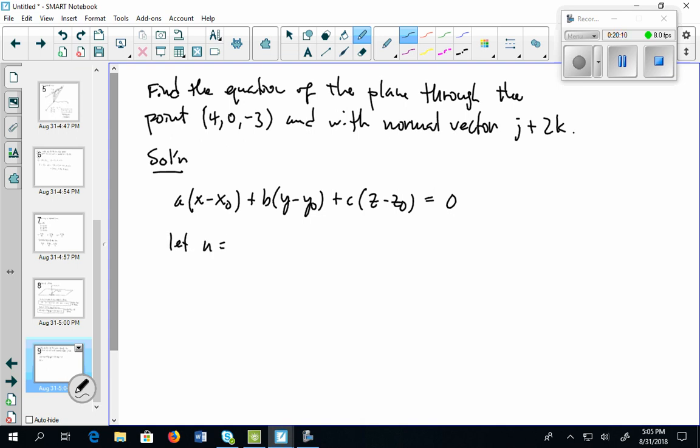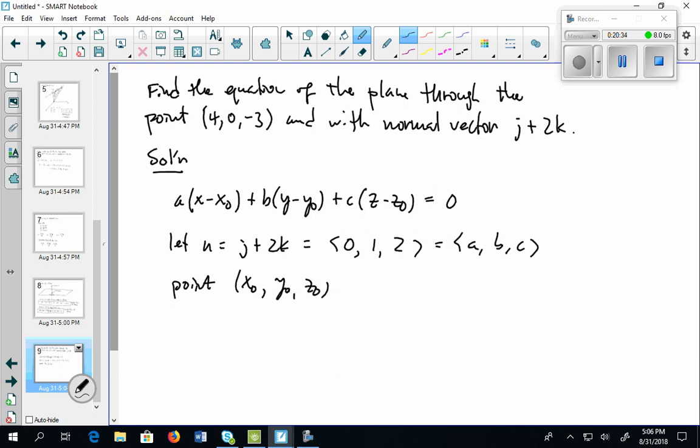I'm going to write this j + 2k like this: 0i, 1j, 2k. And remember that is the ⟨a, b, c⟩. And the point x₀, y₀, z₀ is (4, 0, -3). So this is going to give us a is 0.